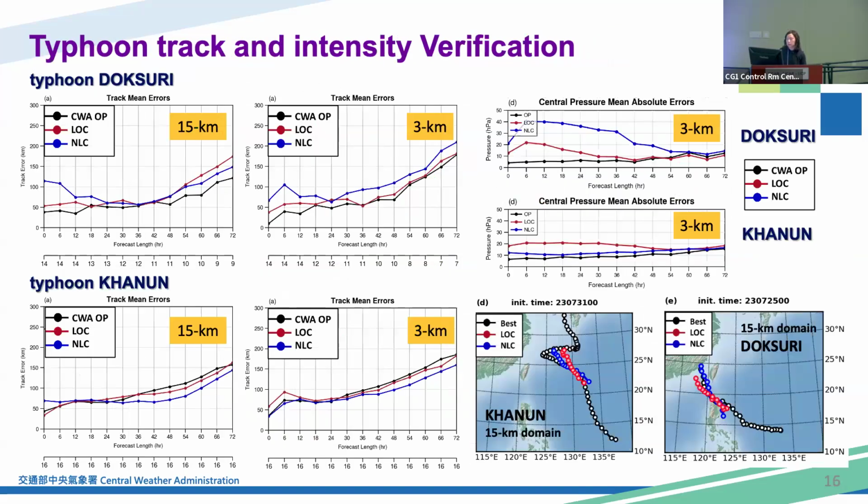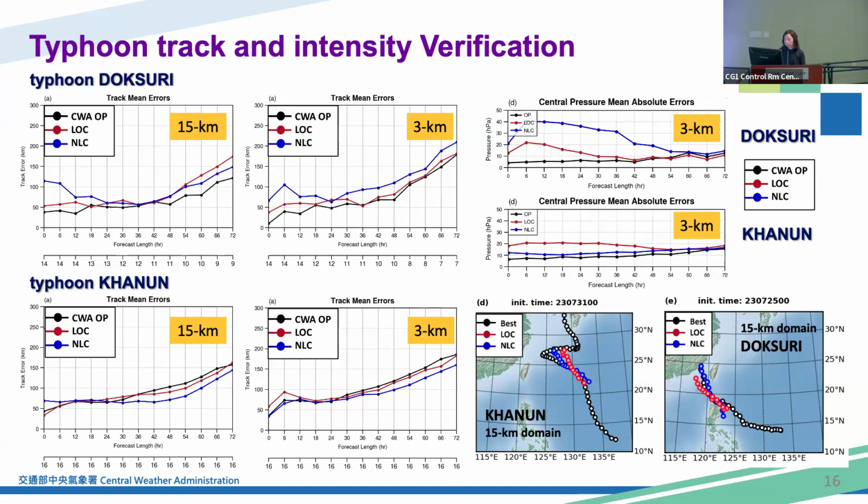We also test the typhoon track and intensity verification. In this period, we have Typhoons Doksuri and Khanun. In these two typhoons, the non-local run has a better forecast for Khanun in both model track error and intensity. However, in the Doksuri case, the local one runs better.